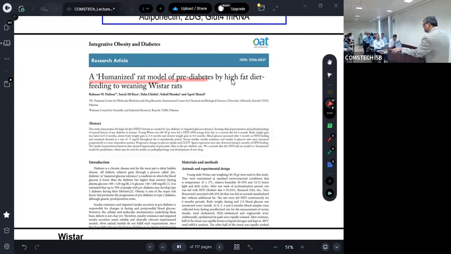So the significance of this study, because once diabetes, always diabetes. Once someone develops diabetes, from the day of diagnosis to next life, he will be diabetic. So we are very focused on pre-diabetes. When I came after my PhD in Dhaka, normally everybody was working on diabetes. Nobody was interested to work on pre-diabetes.